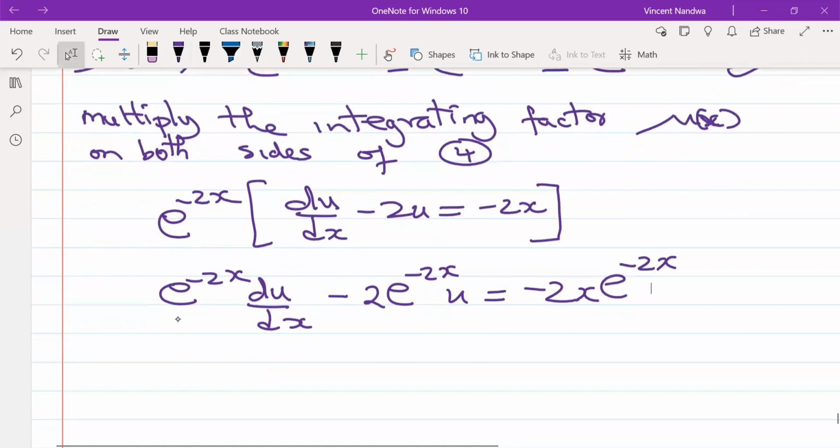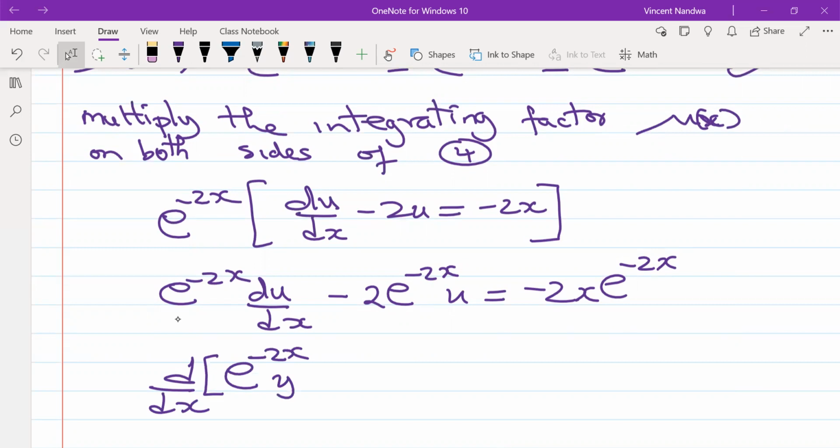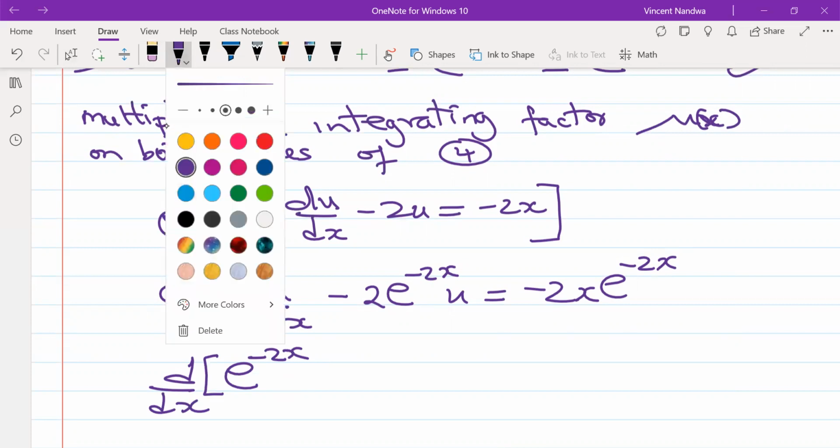Now note that this can be written as d dx times e raised power minus 2x times u. So that's how you can write the left-hand side in closed form.